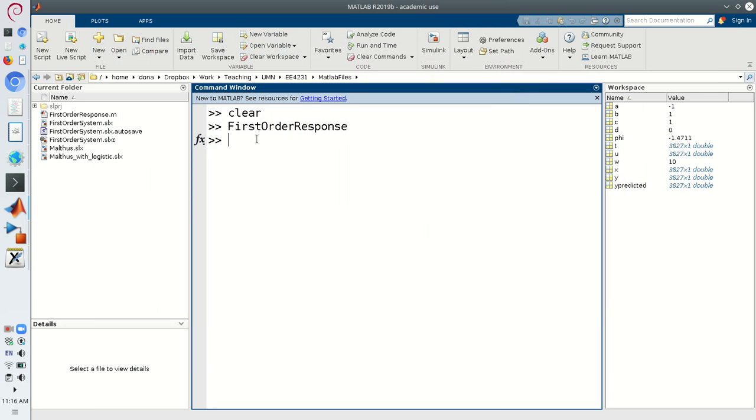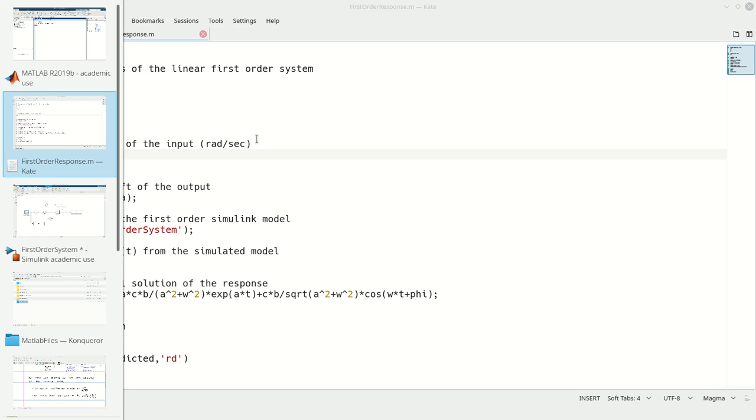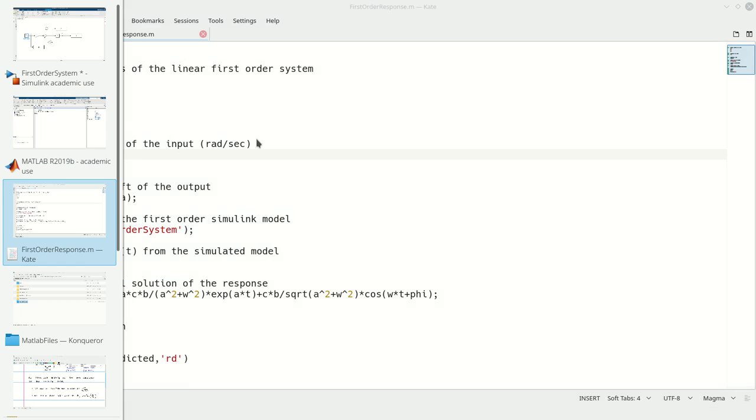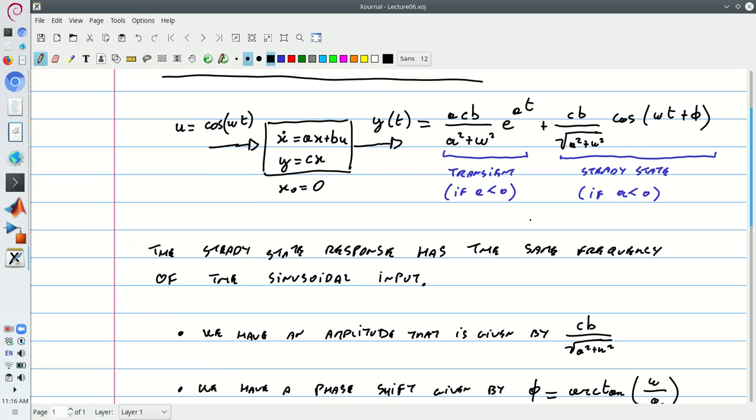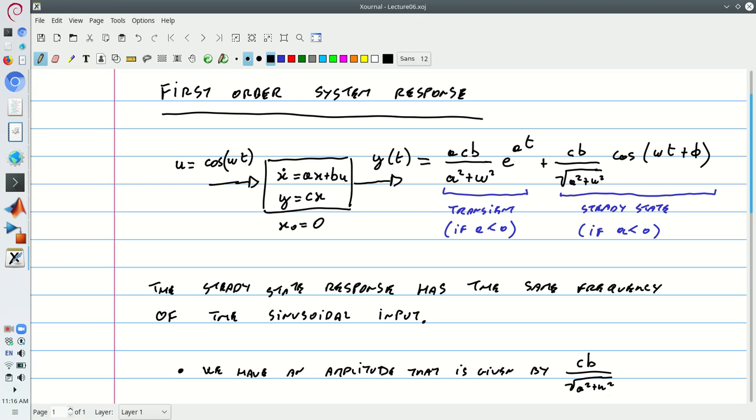Now what I want you to see is, in principle, we could repeat this analysis for many values of omega, somehow to find a way to compute the amplitude and start plotting our Bode plot, or otherwise we have our expression for the amplitude gain that we'd like to plot.